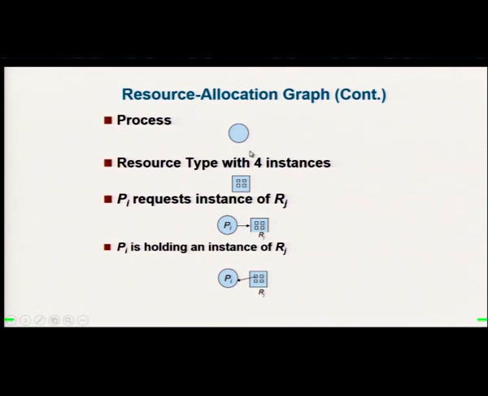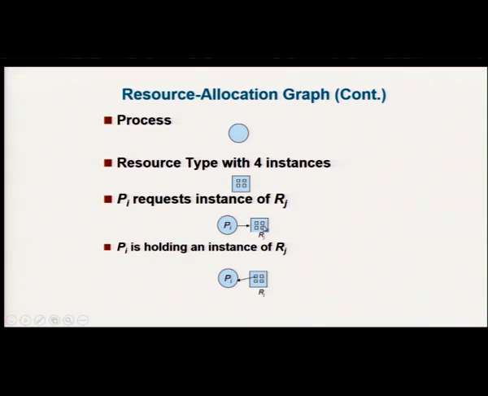A process is a circle; resource type R1 has 4 instances. P1 requests an instance Ri; it is like this. P1 wanted Ri, so it is an arrow between the process P1 and the resource. When the resource is now held by P1, the arrow goes in the other direction.